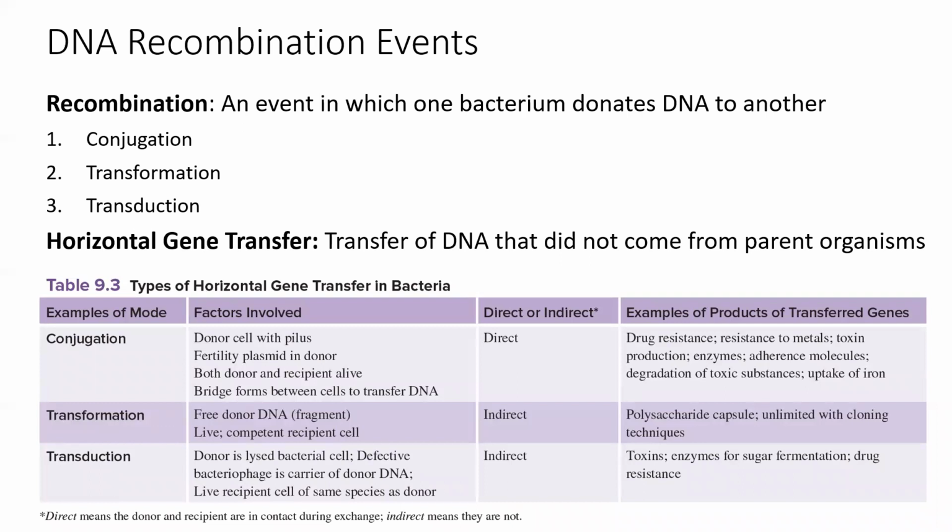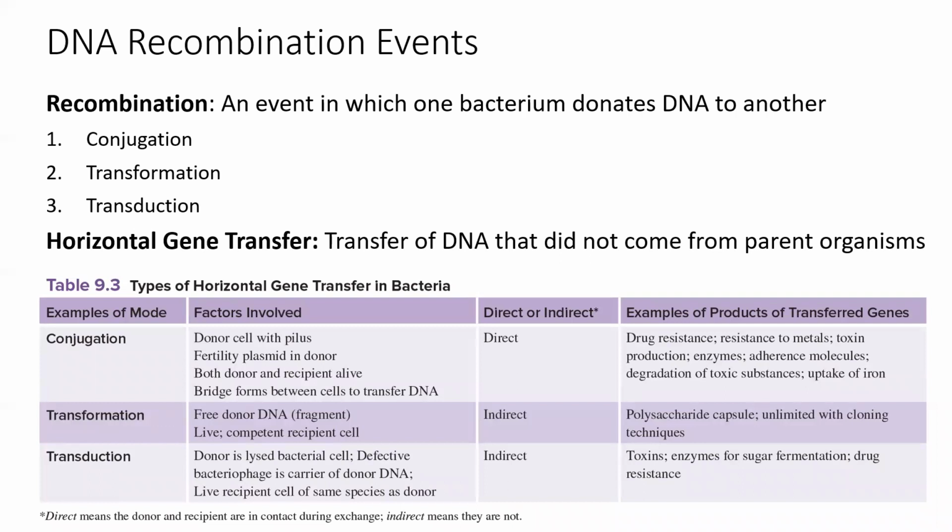There are three different forms of horizontal gene transfer, ways that bacteria can acquire DNA that is not the same as what they already have, and that DNA originated elsewhere. It is not from a parent.